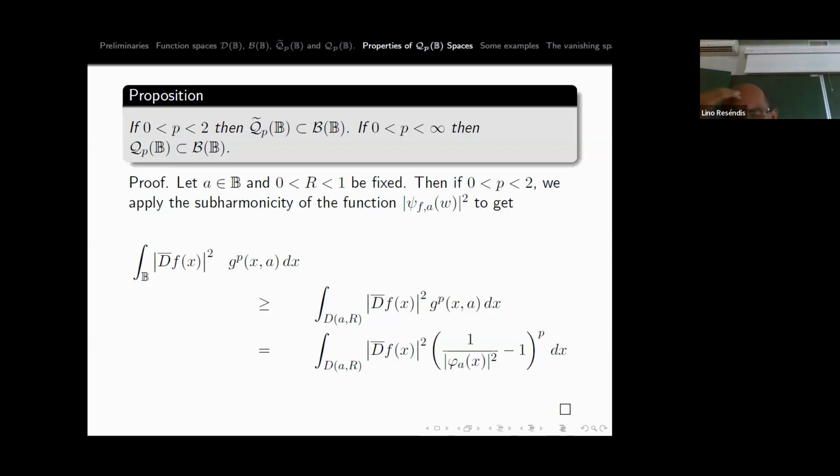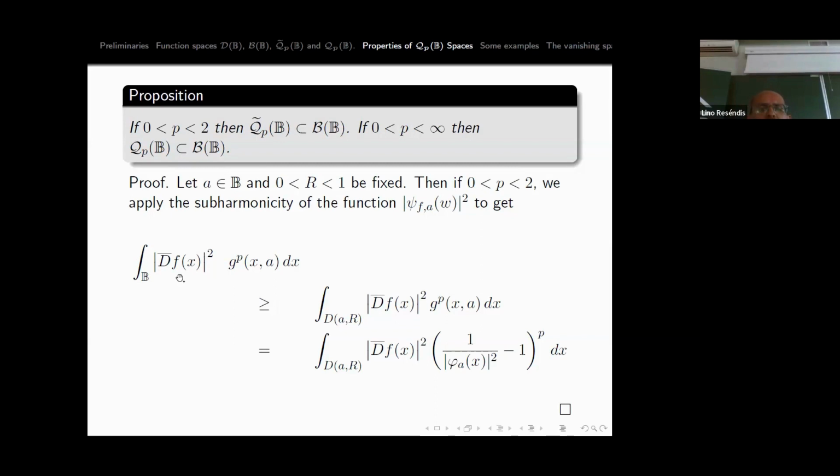Then, since this function is hyperholomorphic, we have that the square of these functions is a subharmonic function.